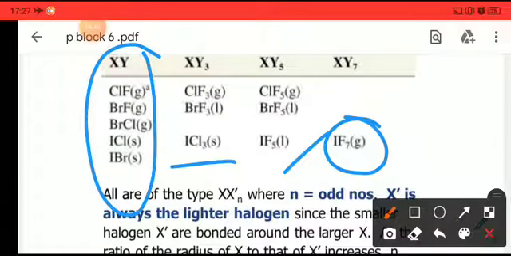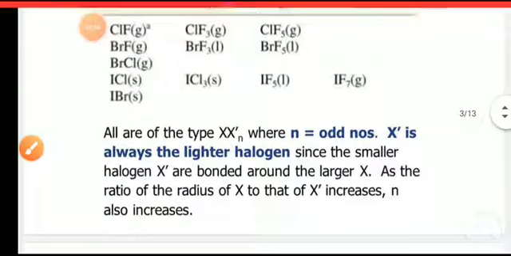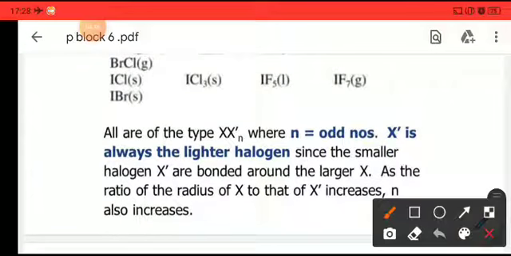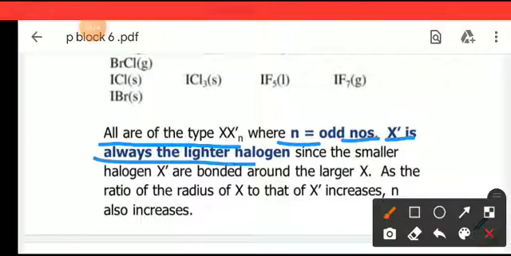And one more thing: all are of the type XYn, where n is an odd number and X is always the lighter halogen.